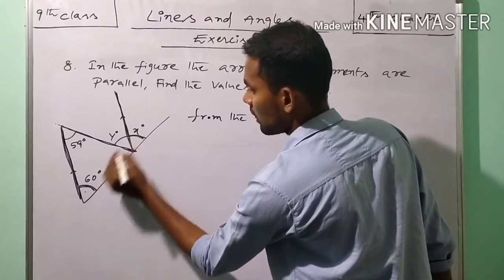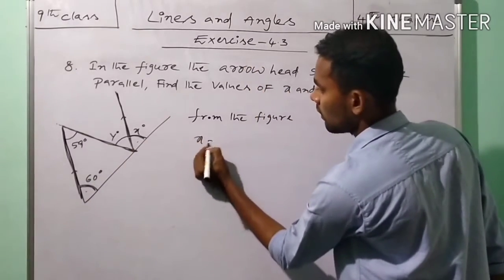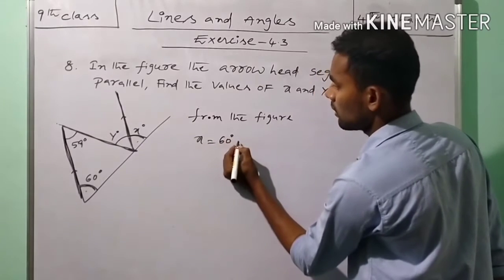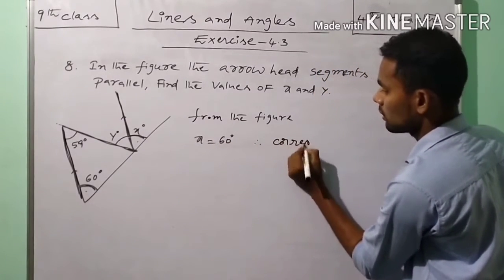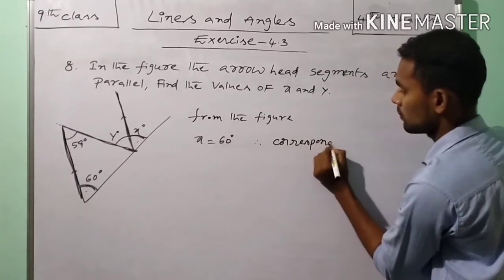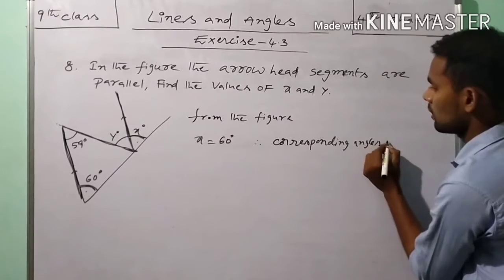Corresponding angles are equal. x equals 60 degrees. Therefore, corresponding angles are equal.